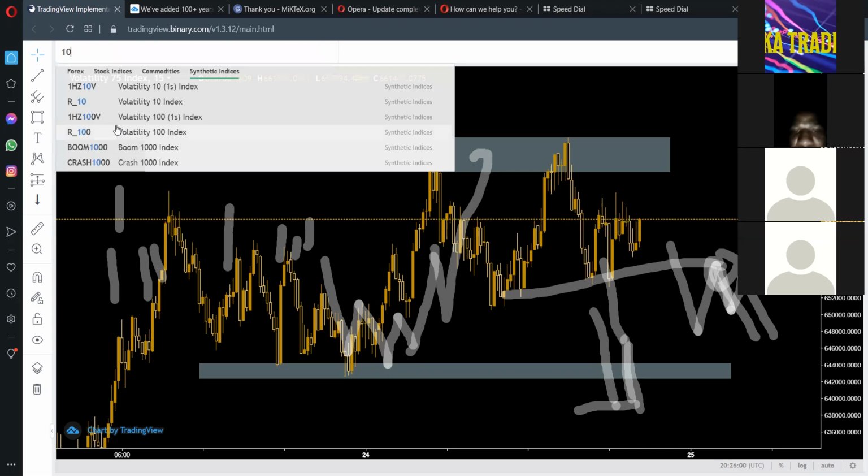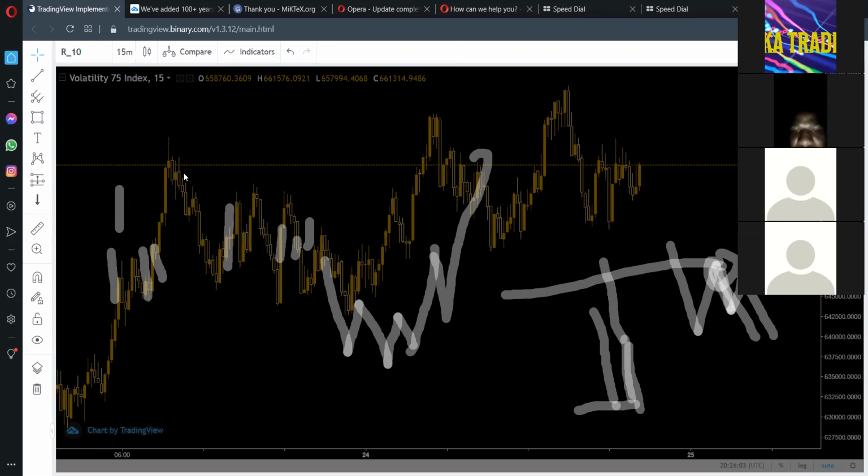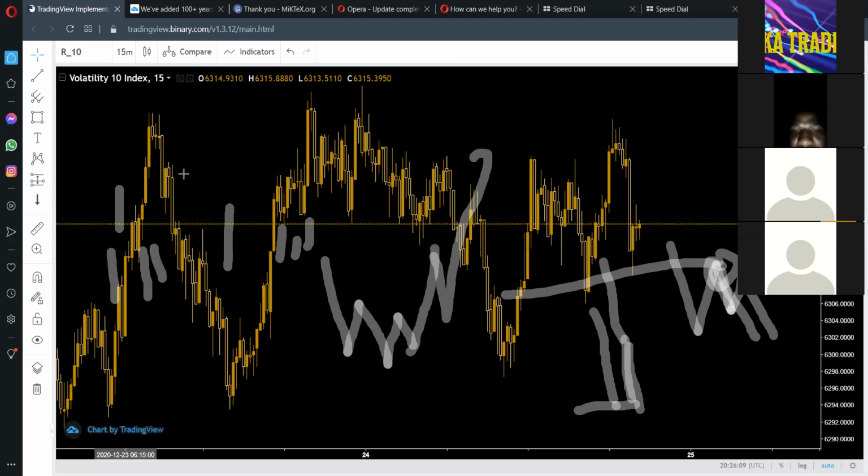They are rejecting before they go in their direction. The thing is, whenever you open the chart and that chart is not following your strategy, you must stay away from that market.